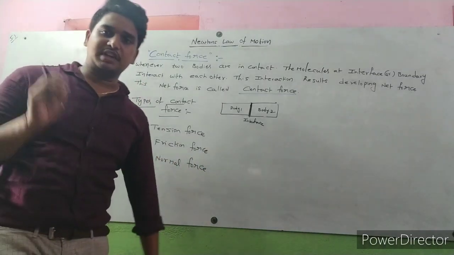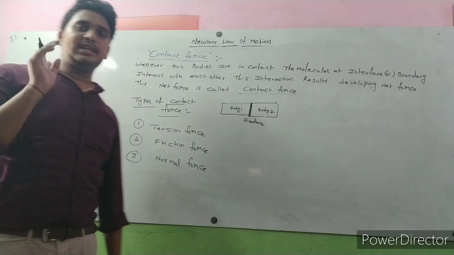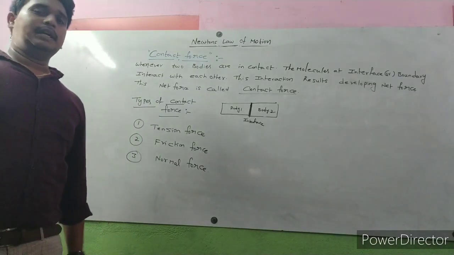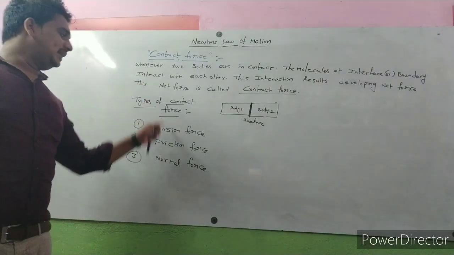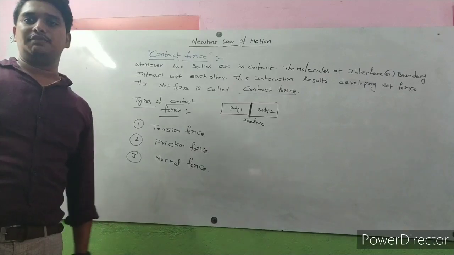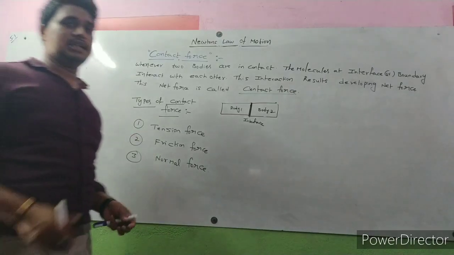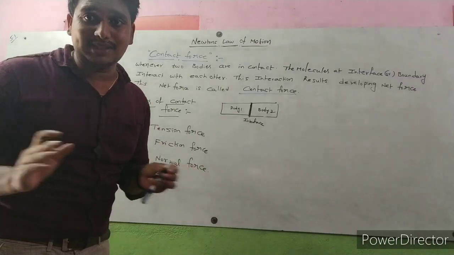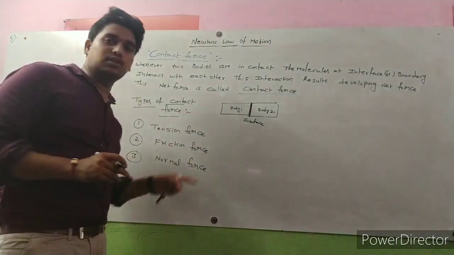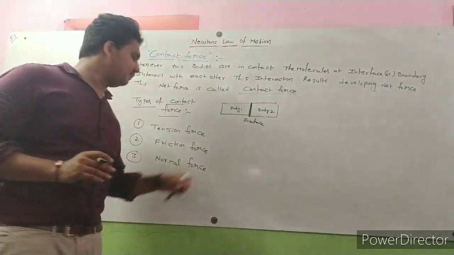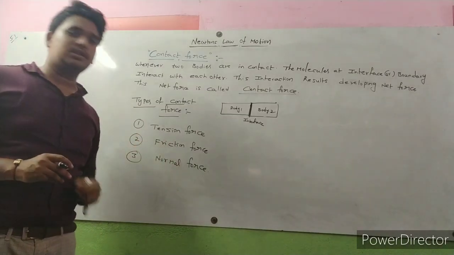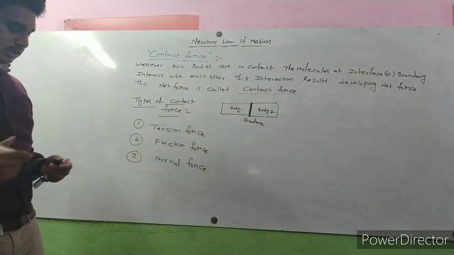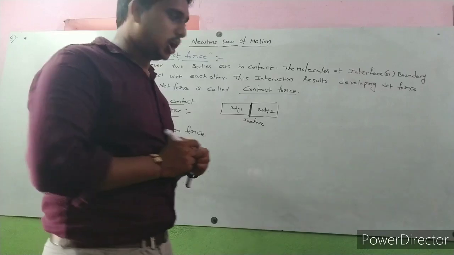These three forces are mainly what we discuss in this chapter. These three forces are contact forces. While two bodies are in contact, only these three forces are developed. One is the tension force, second is the friction force, third is the normal force. So I will explain them one by one now.